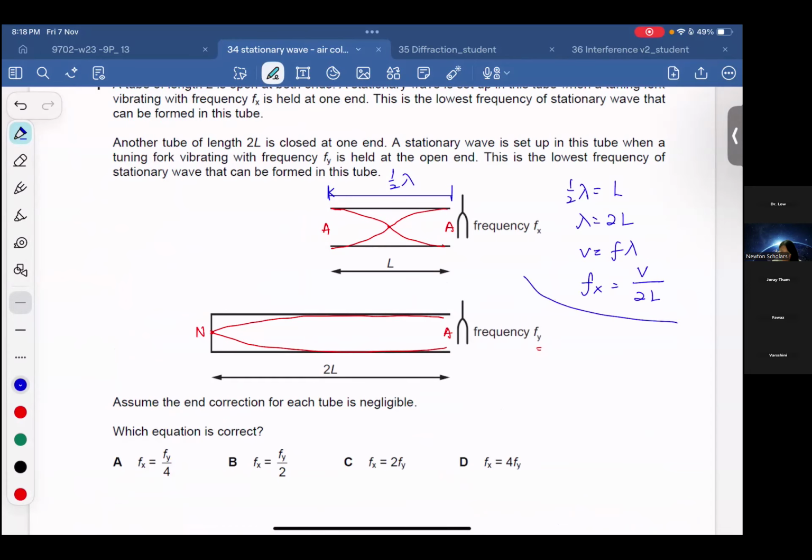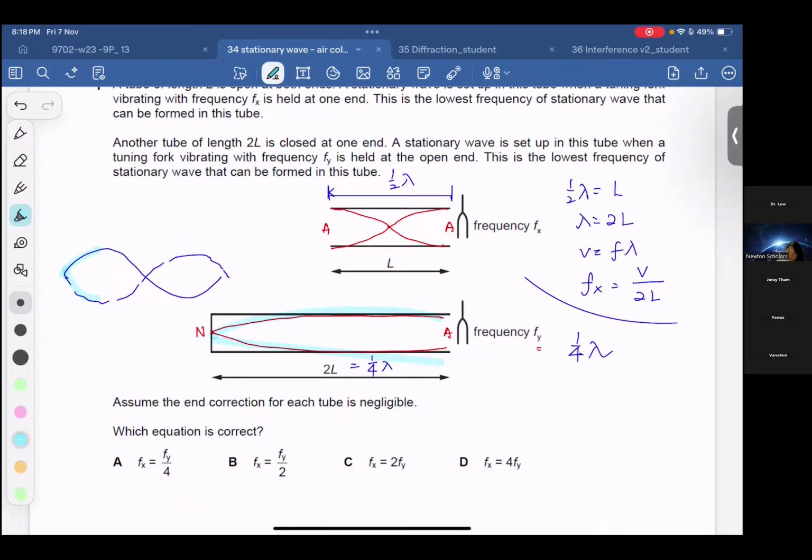How about Fy? This is 1 over 4 wavelength, because here only this part, you see this part.